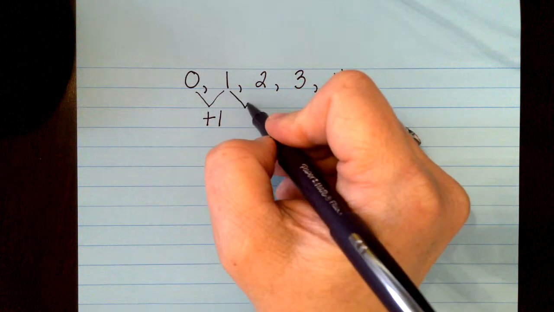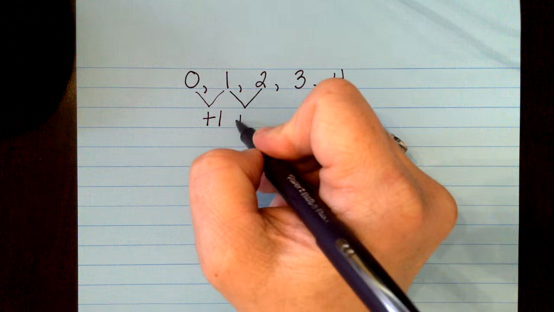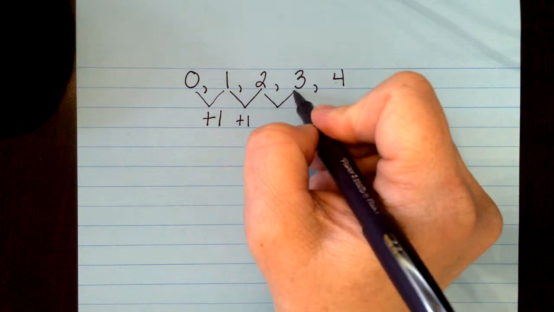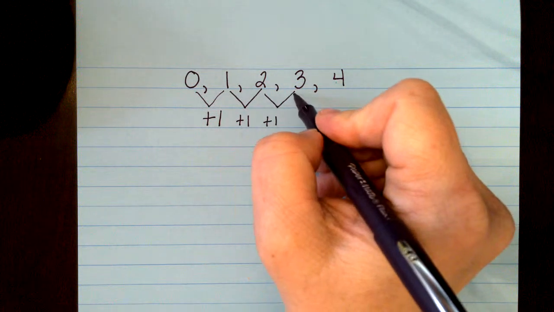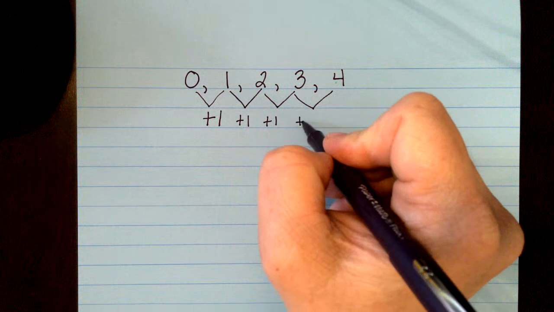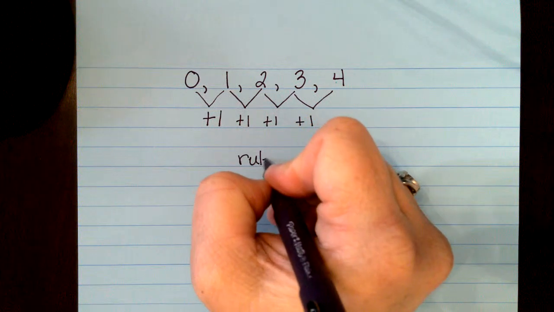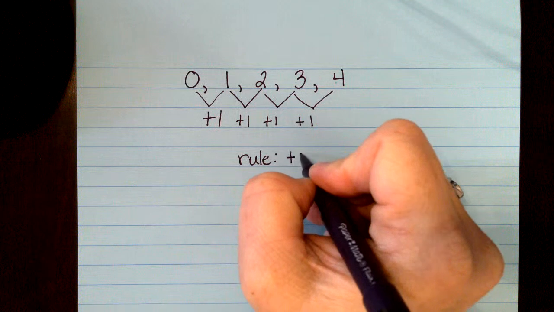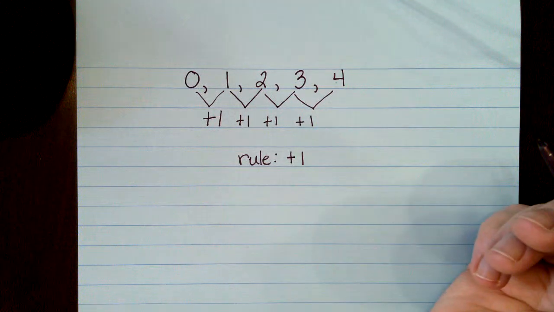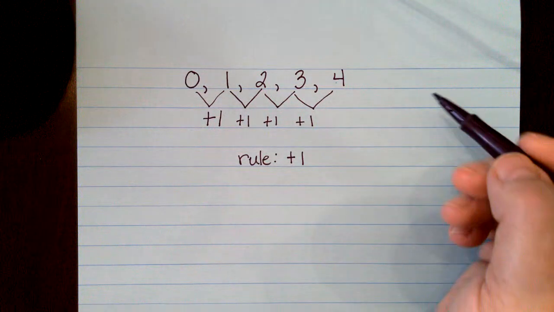Next, from 1 to 2, we are increasing by 1, 2 to 3, increasing by 1, 3 to 4, increasing by 1. When we know that the rule is plus 1, we can figure out the next term in the pattern.